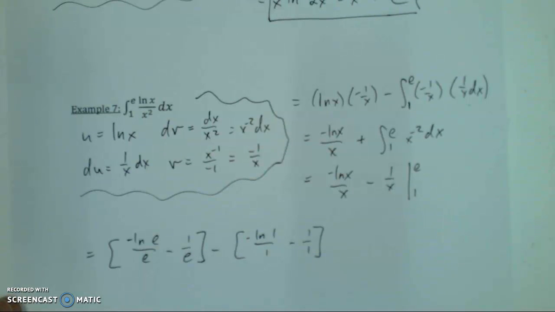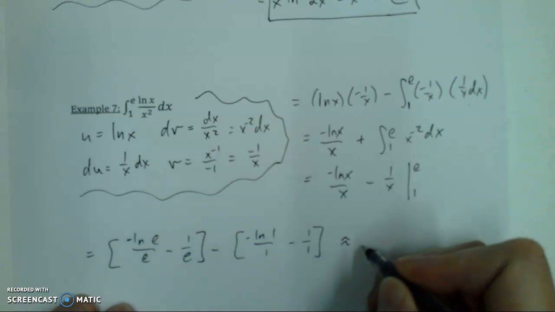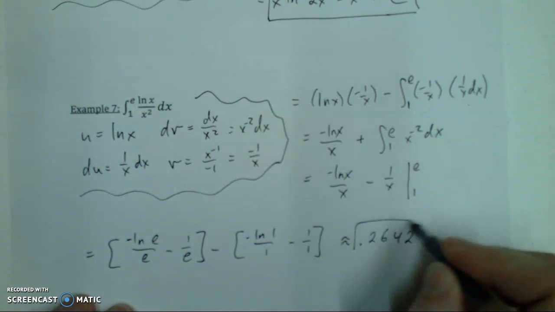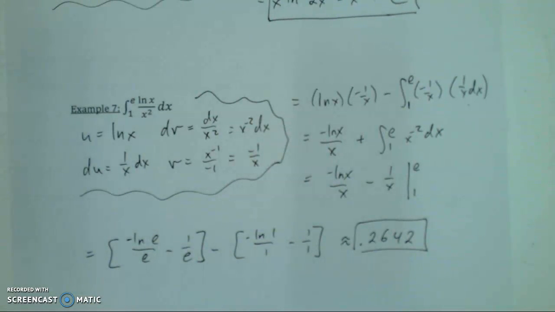However, we are still going to have those e's in the bottom, so I am just going to go ahead and use my calculator to help finish crunching those numbers. And when I type that in, I get approximately 0.2642. So again, I am not worried about getting the exact answer there. I am perfectly happy with an approximation. And again, we certainly could have done it with our calculator from the very beginning, but I did want to work one more example where we could see this.